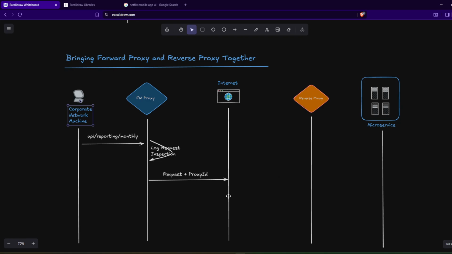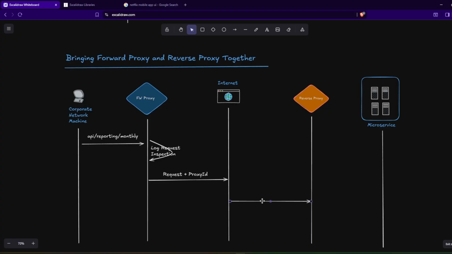Then this request will come to the internet, and this internet is public. You can think of it as the public internet. Okay, and from the public internet, your data or your response will now be forwarded to the reverse proxy endpoint, right?